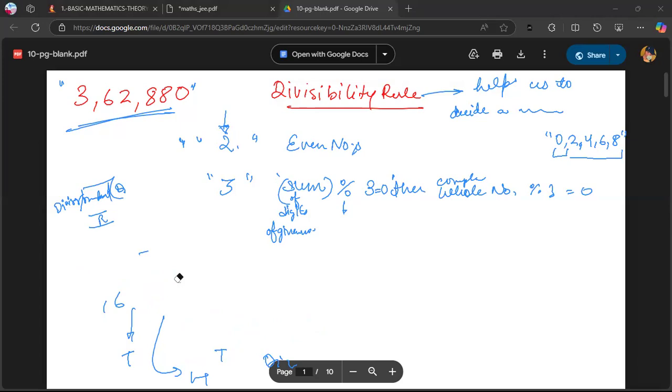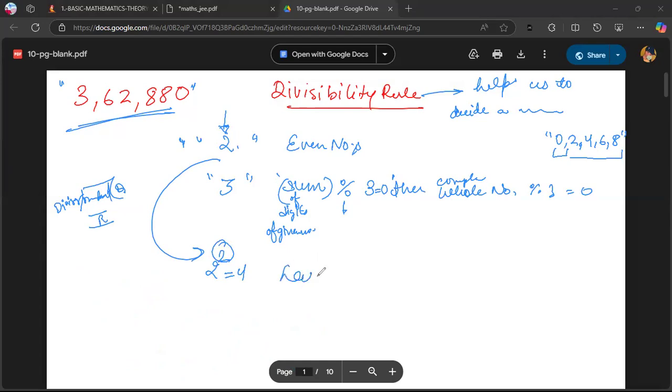So now the divisibility rule of 4, as we are discussing, sorry, of 2 raised to power 2, which is 4.